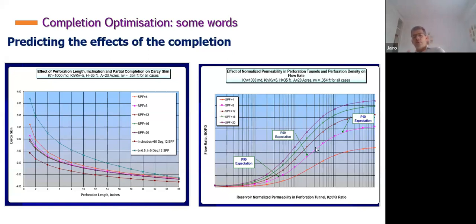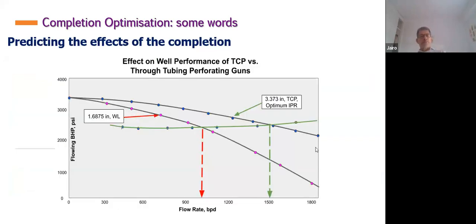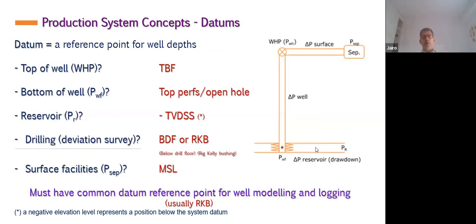We can model this and play with this type of plot, predicting the effect of the completion, for instance the TCP perforation versus tubing perforation. It is a big difference when compared to another perforation run on one line, as shown right here.